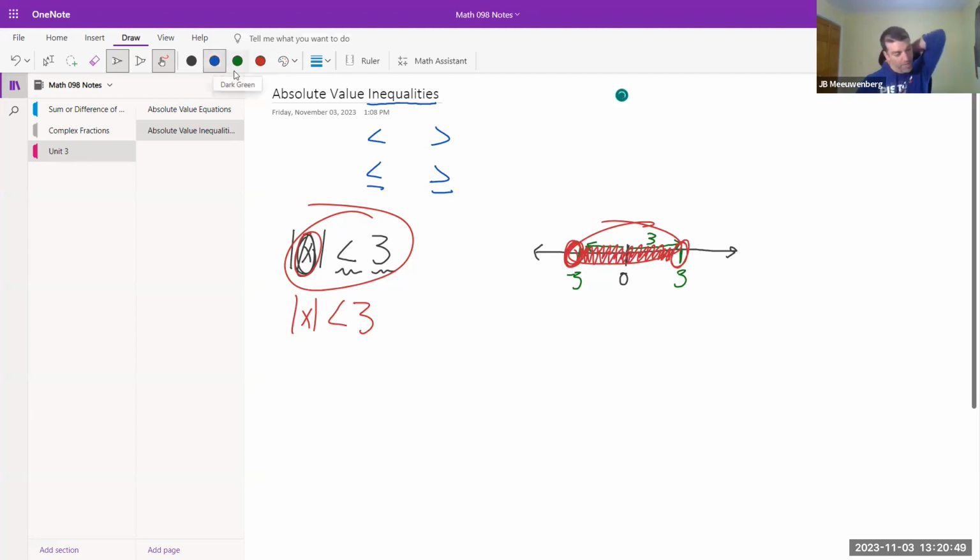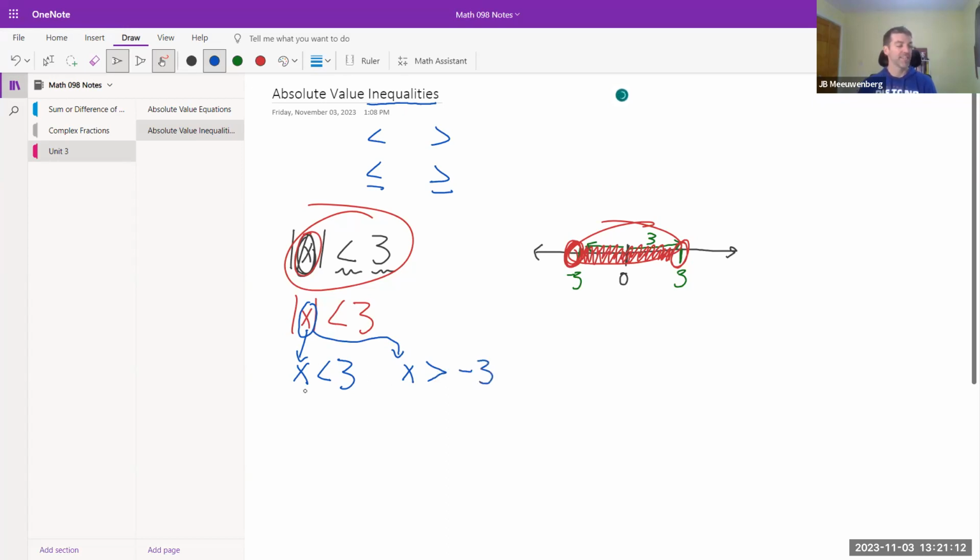And so, kind of like we did with equations, you can split this up and say x would be less than 3, but x would be, so we take this and we put it here, and we also put it here. We flip it around. We change the inequality, greater than negative 3.